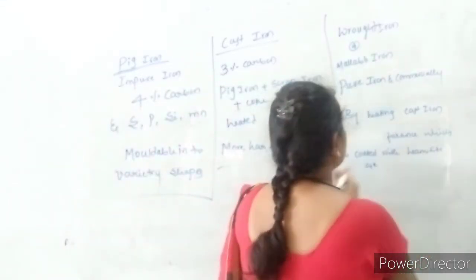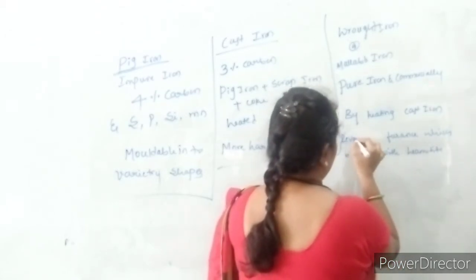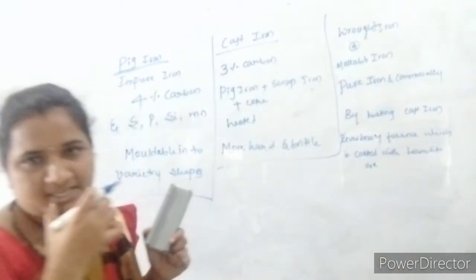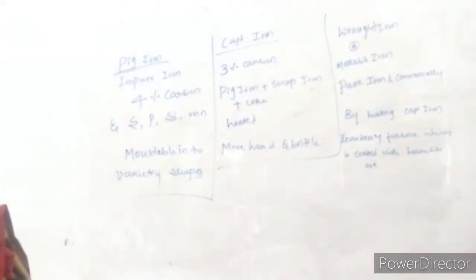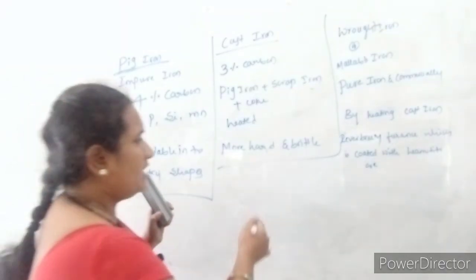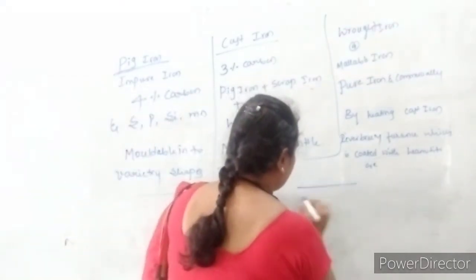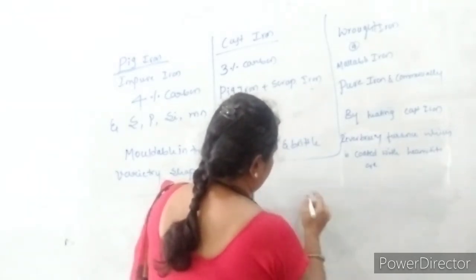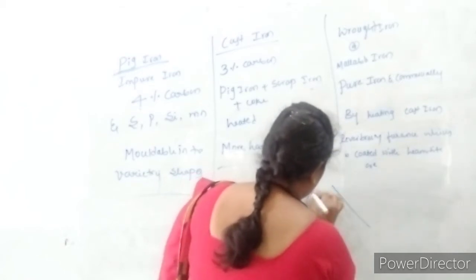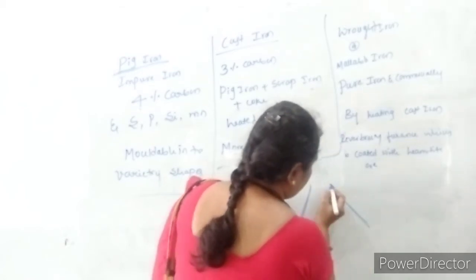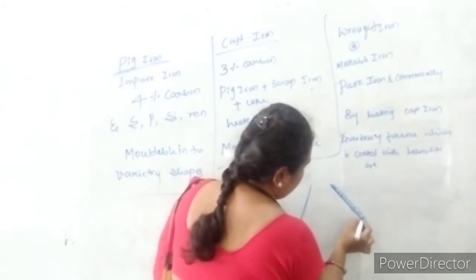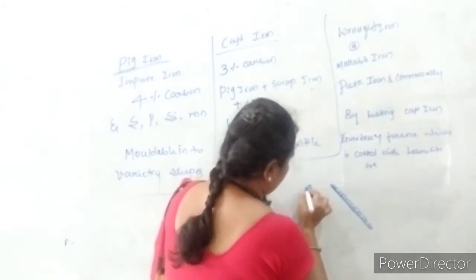Here we are going to use the reverberatory furnace. The reverberatory furnace is coated with hematite ore. So if it is a reverberatory furnace, it must be coated with hematite ore.